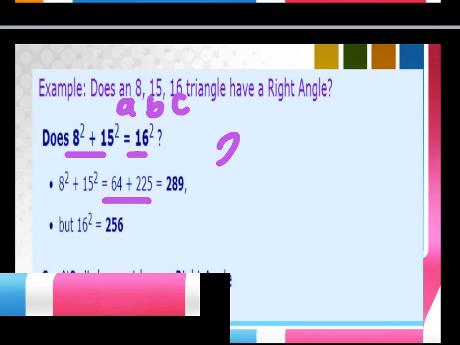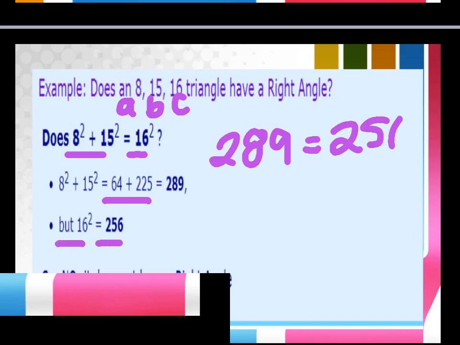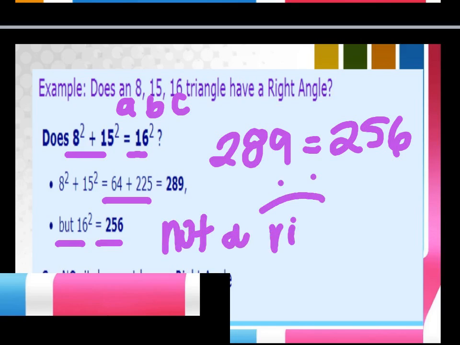So the left side, the sum is 289. The right side, we plug in 16, and 16 squared is 256. This is a false statement, so we know this is not a right triangle. So no.